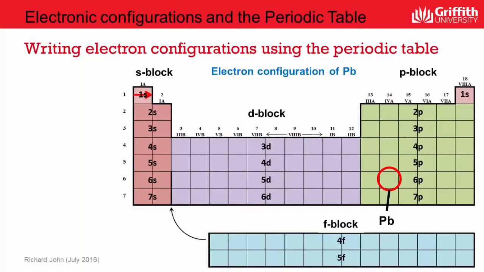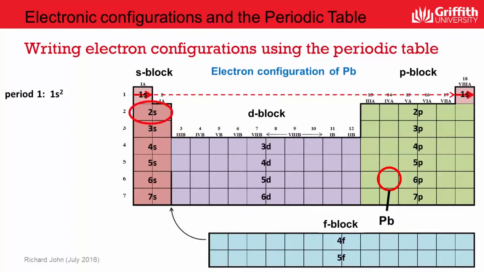There's element number 1, hydrogen, with a 1s1 electron configuration. We go across this side till we meet helium, which has the electron configuration 1s2. So when we get to the end of period 1, we can write down 1s2.